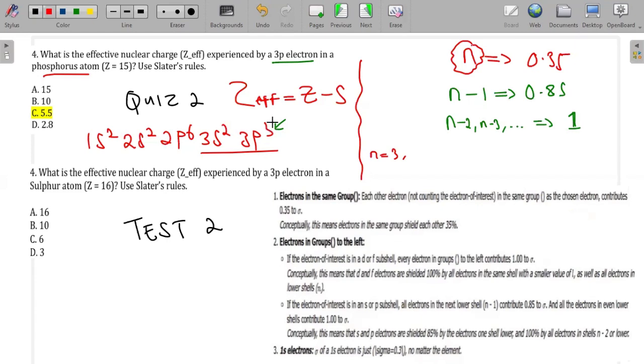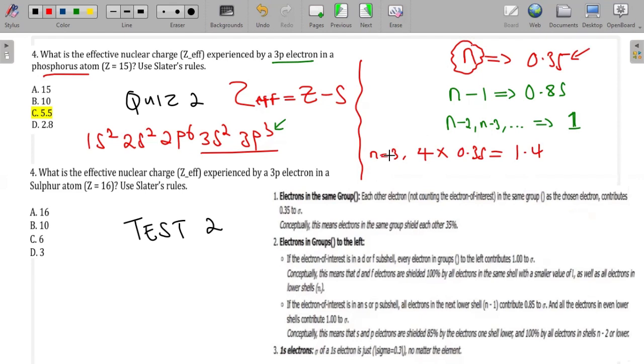I have 2 there, and then I also have 2 there, so I have 4. Those in the same energy level as the electron of interest contribute 0.35. So when I multiply that, I get 1.4.